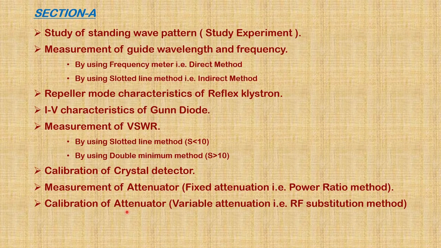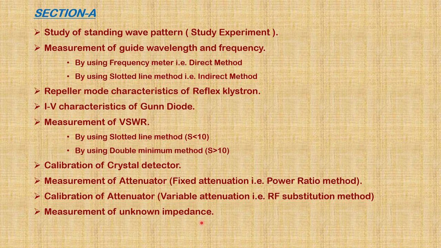While coming to the variable attenuator, we can set or fix required attenuations like 1.9 dB, 3.2 dB, 5.7 dB, and so on. Next experiment is measurement of unknown impedance.